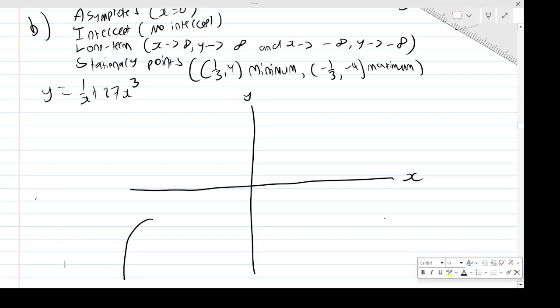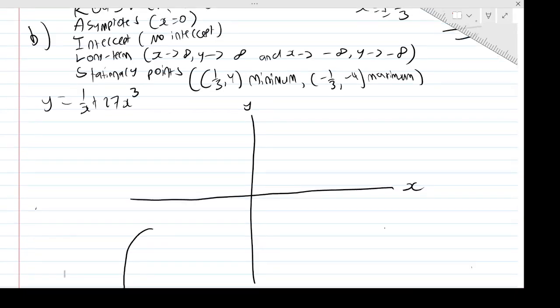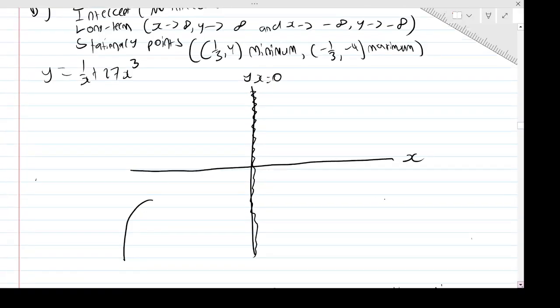Now, we are told that the asymptote is x equals 0. If x is equal to 0, that's the y-axis, right? So basically the curve tends towards the y-axis. But we're then also told that the stationary point, first of all, minus a third is a maximum.